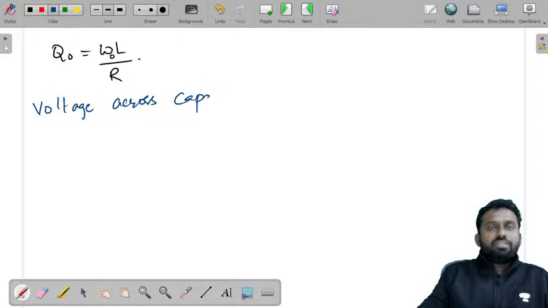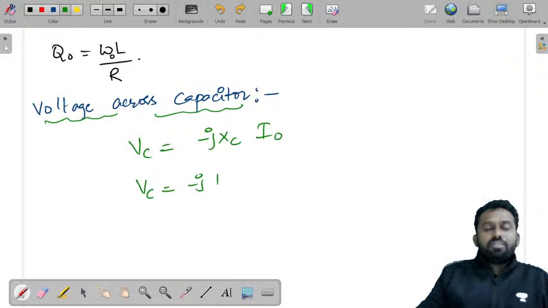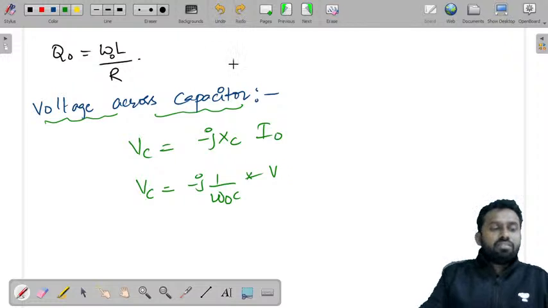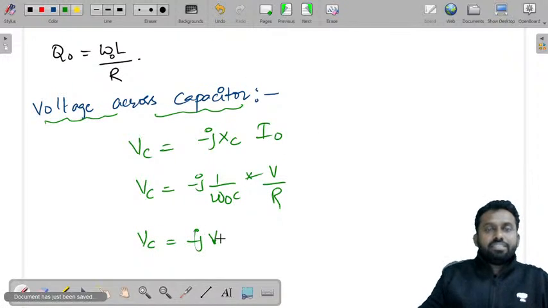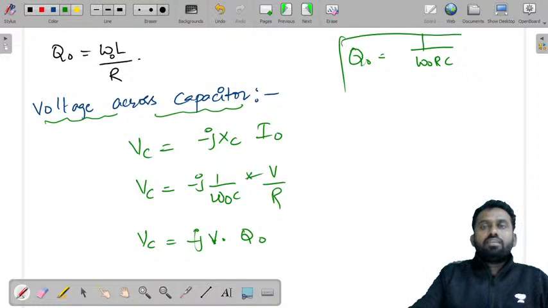You can also write the voltage across the capacitor. Let's write it down first. VC is equal to minus jXC into I naught. XC is 1 by omega naught C, into V by R. So VC is equal to minus jV into Q naught, where Q naught is equal to 1 by omega naught RC.